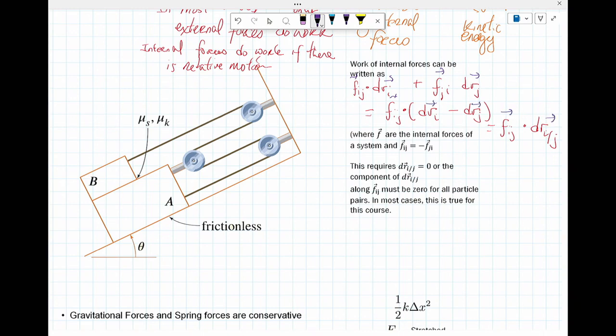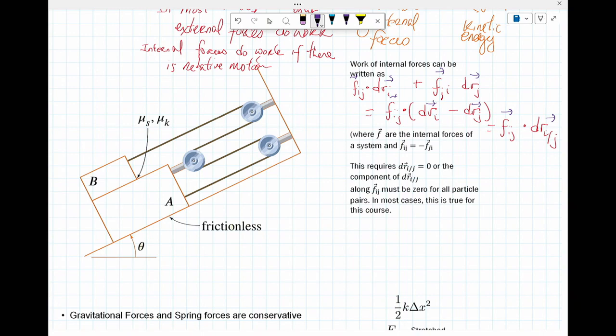All right. So, if I look at the internal forces, I can say that F_ij dotted with dr_i plus F_ji dotted with dr_j, if they are equal, opposite, collinear, and no motion between the two, would go to 0 normally. In order for it to go to 0, the relative displacement between both of those terms has to be 0. So dr_i minus dr_j is really i relative to j.